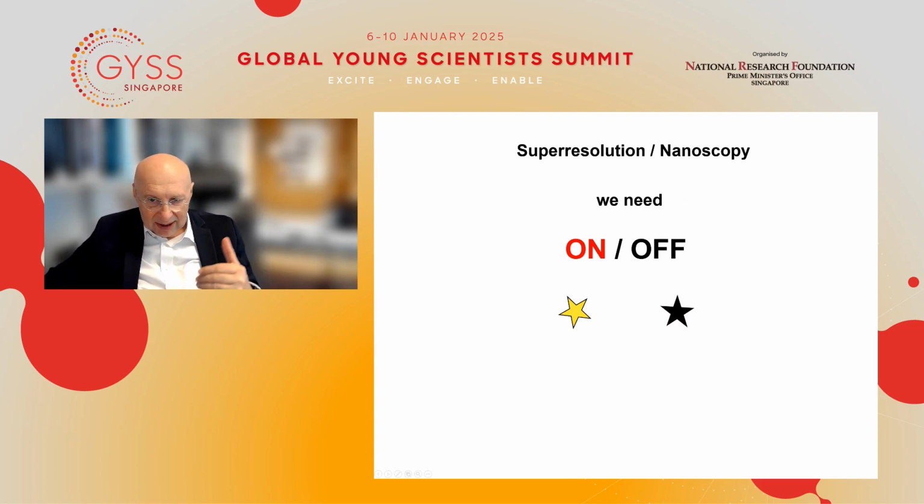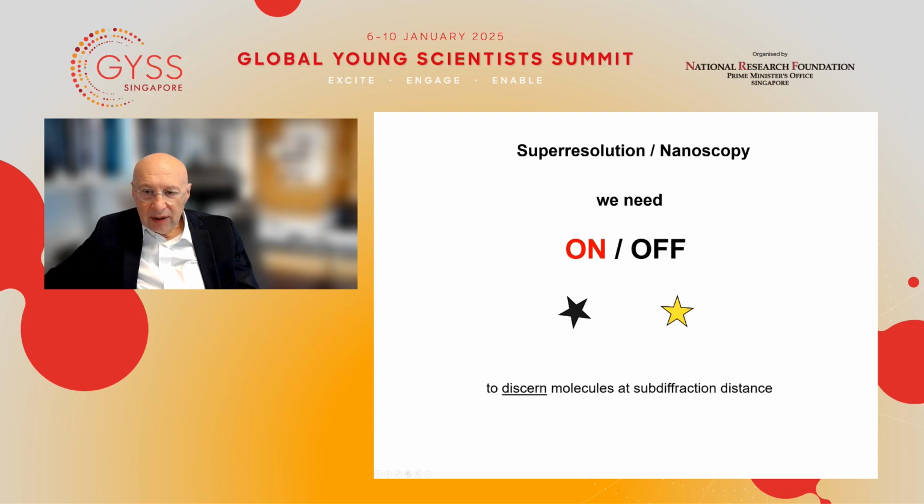If only one is emitting, then you see only the signal from that molecule, you localize it, find out where it is, and then you turn it off, and you turn on the next one and localize this one. So this on-off principle is really key to all the methods, no matter what they call it, as I said, STED, PALM, STORM, whatever.